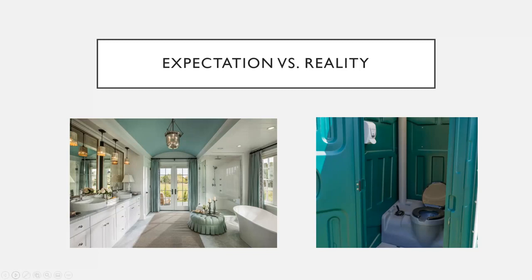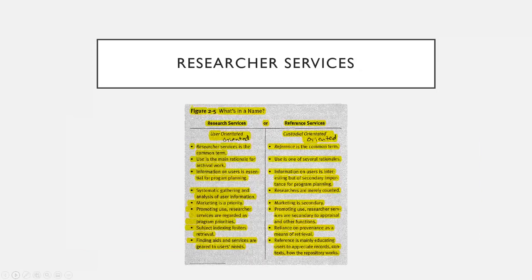And this really goes back to the discussions that we have already had in this semester about archives focusing on researcher services. So one aspect of researcher services is quite explicitly that finding aids and services are geared to users' needs.